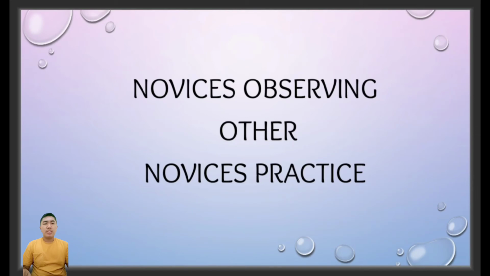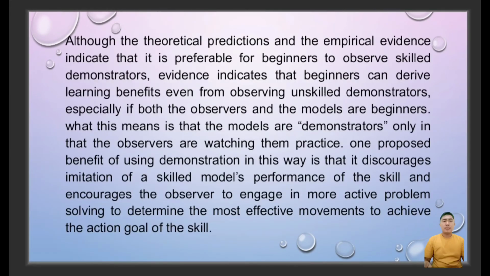Novices observing other novices practice. Although the theoretical prediction and empirical evidence indicate that it is preferable for beginners to observe skilled demonstrators, evidence indicates that beginners can derive learning benefits even from observing unskilled demonstrators, especially when both the observers and the models are beginners.